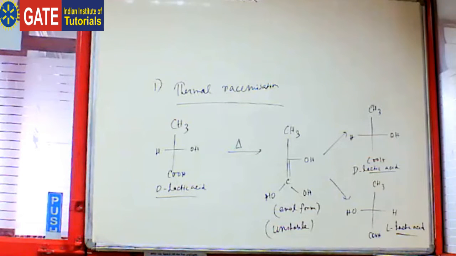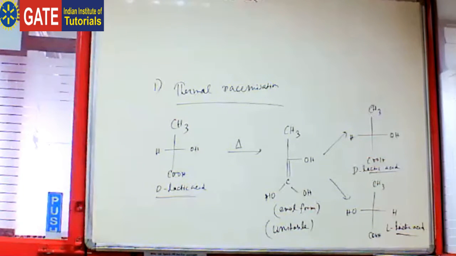As I told you, from an optically pure isomer, we are getting the enantiomer, we are getting the racemic mixture. So this actually happens by heat, so it is thermal racemization. The keto form is forming the enol form, which is the unstable one.